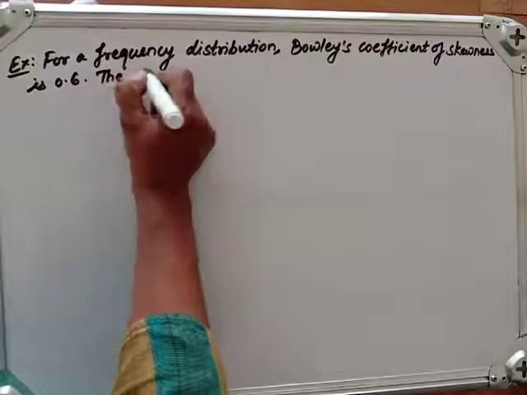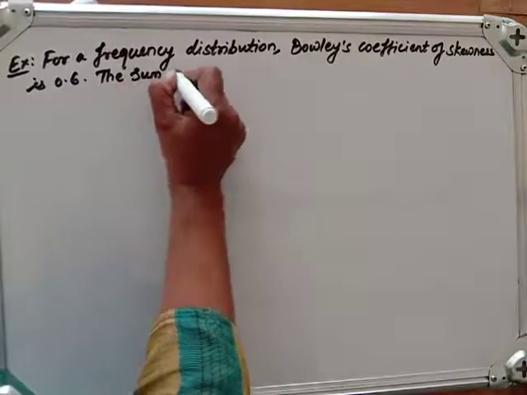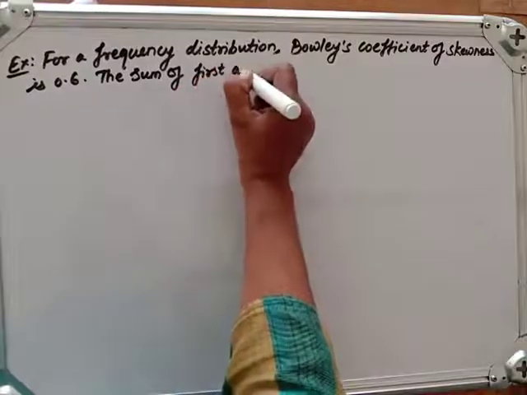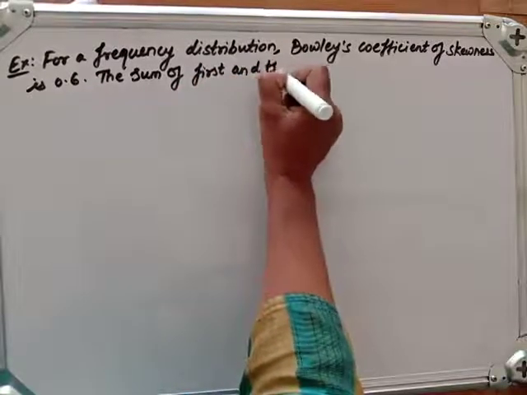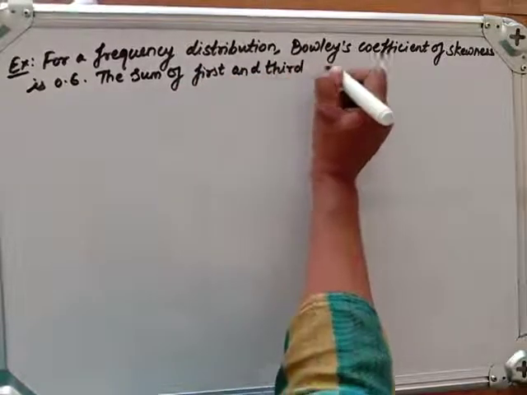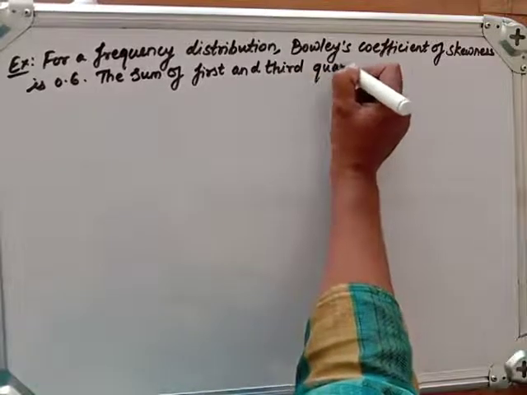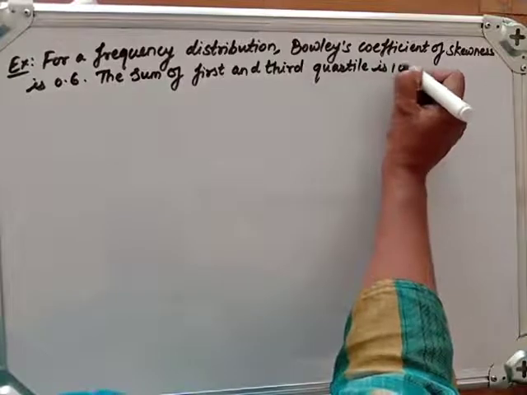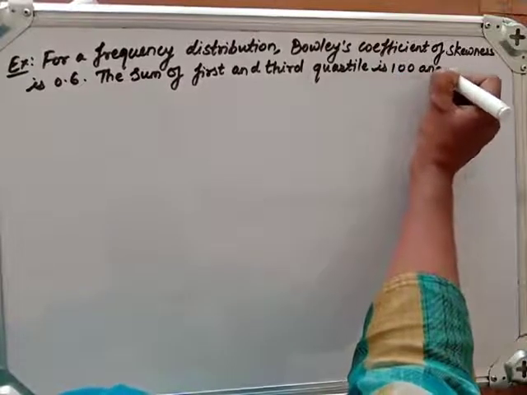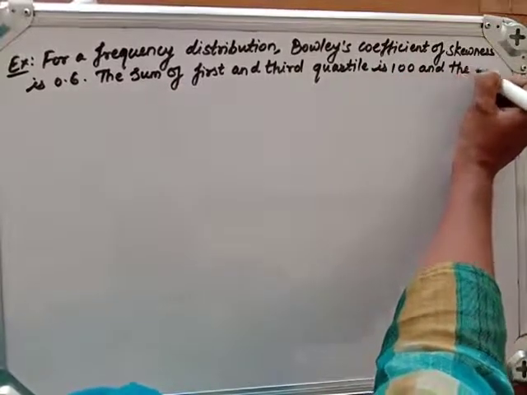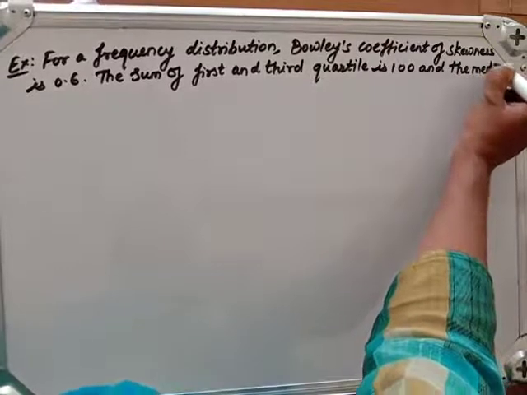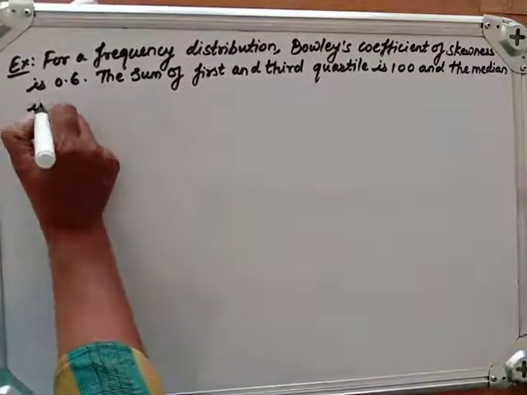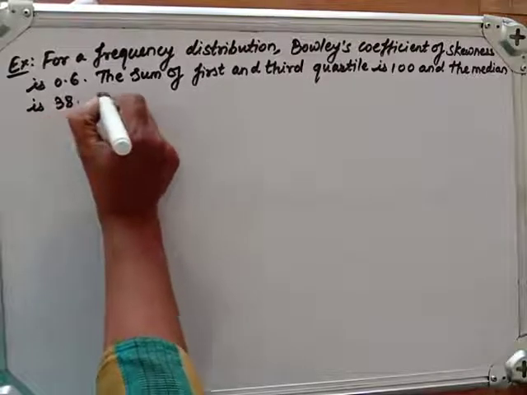The sum of first and third quartile is 100 and the median is 38.